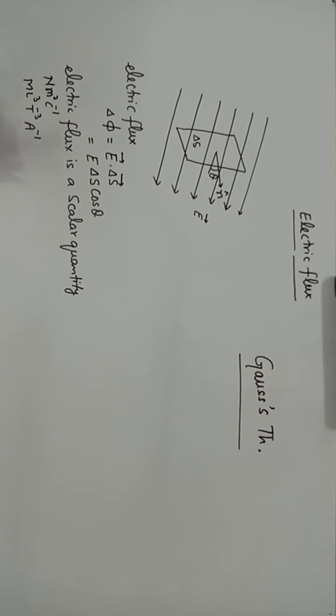Total electric flux over the closed surface in vacuum is 1 upon epsilon naught times the total charge enclosed by the surface. Listen again. Total electric flux over the closed surface, suppose the surface is S, in vacuum is 1 upon epsilon naught times the total charge enclosed by the surface.